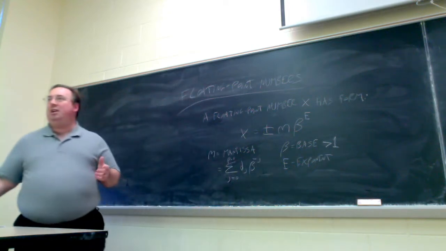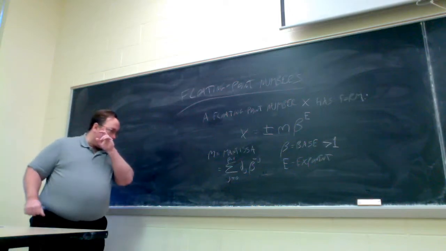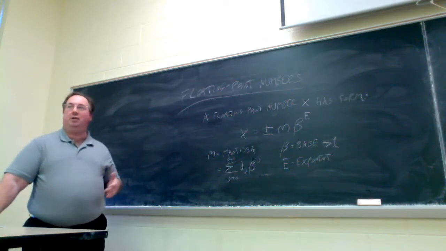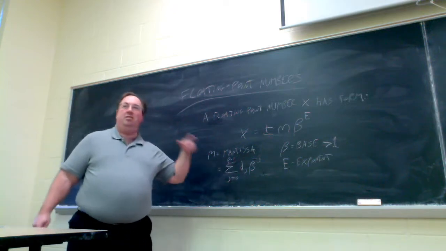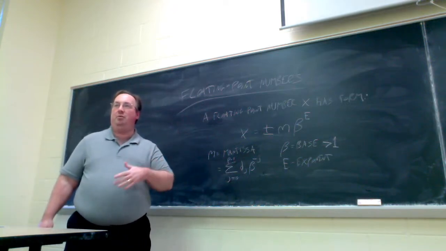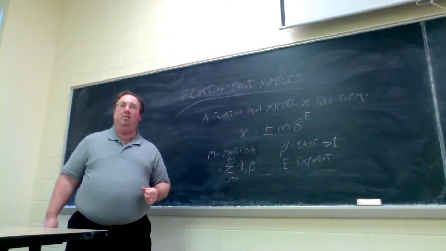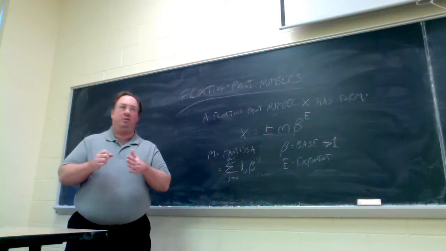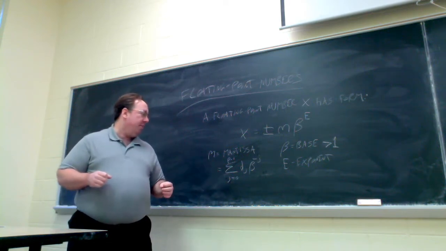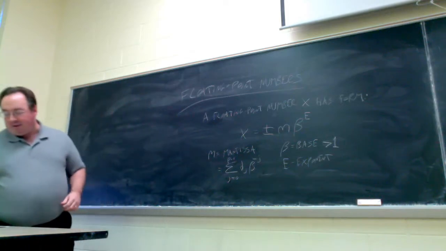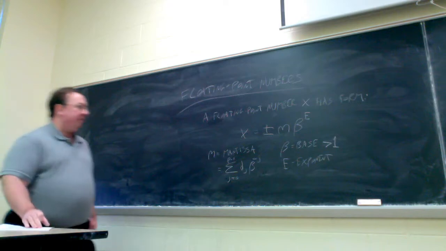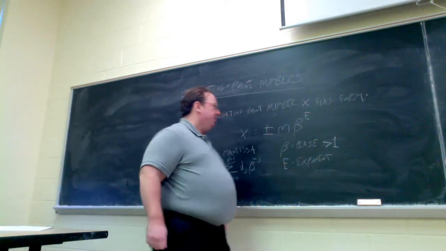So it might be a good idea intuitively to think of base beta as being equal to 10. So the d_j here would be your decimal digits, to the left of the decimal point for j equals 0, and right after the decimal point for j greater than 0. And then e would be your power of 10.